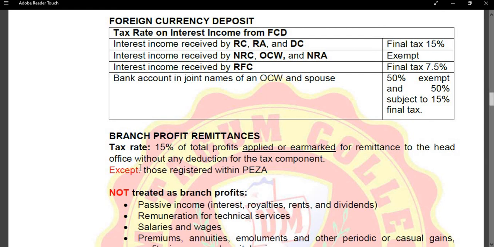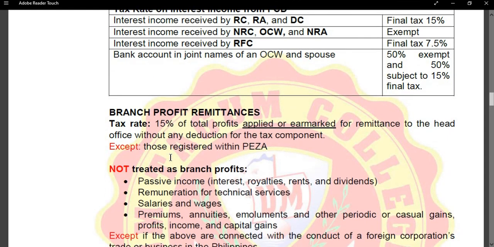This tax applies if a company has a branch here in the Philippines. Before the branch remits the profit to the home office abroad, it must pay a 15% tax rate, without any deduction for the tax component.